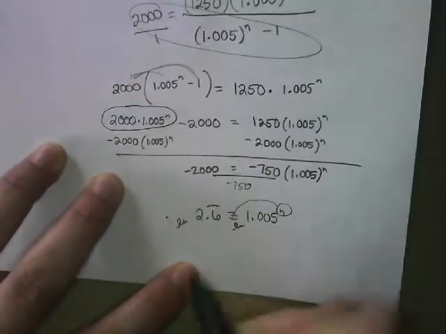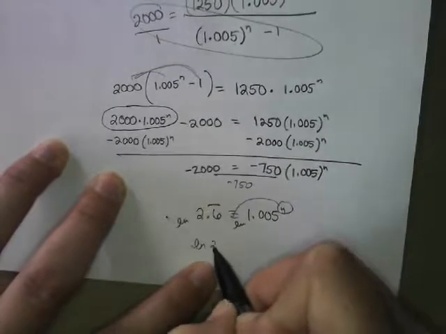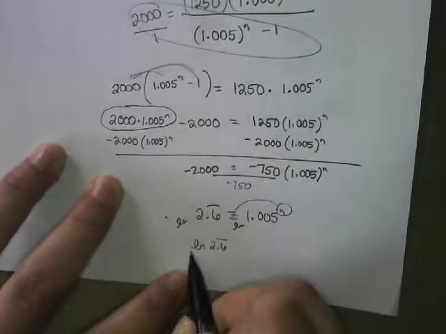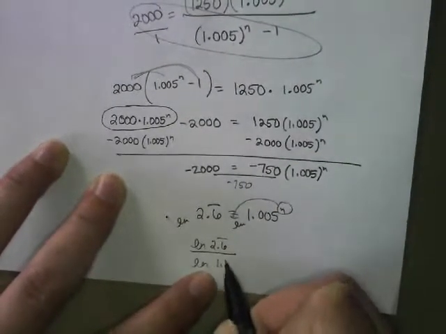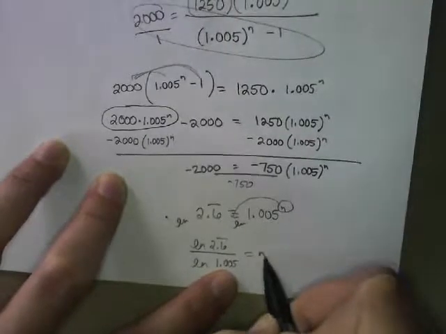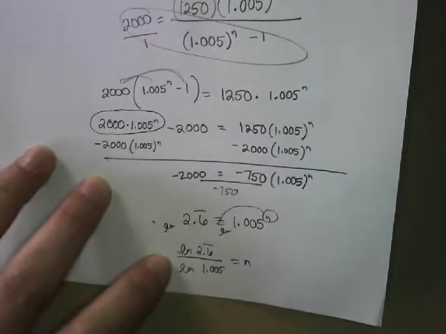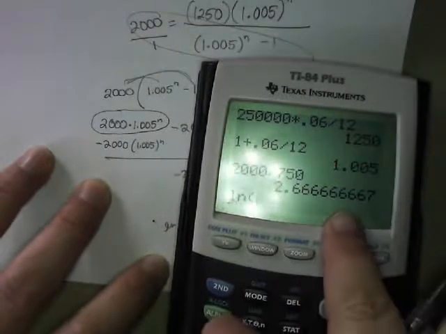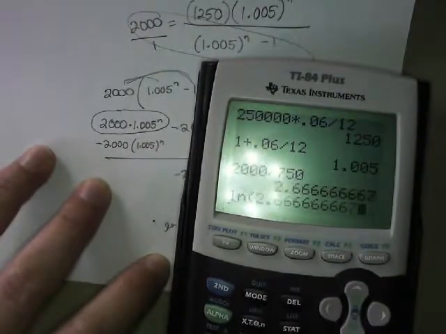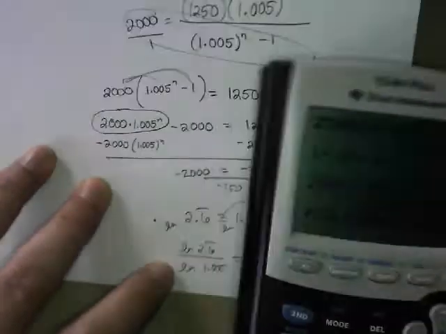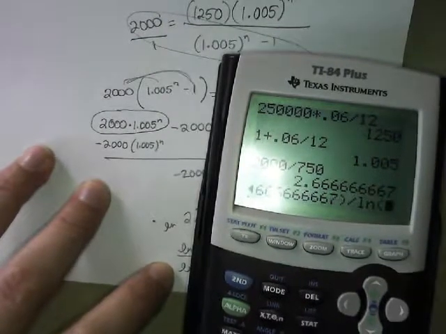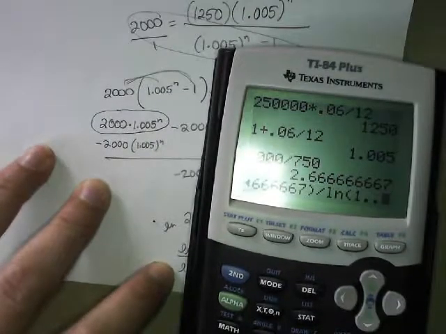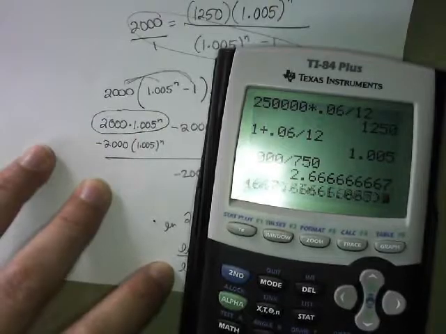And it'll end up being the natural log of 2.6 repeating divided by the natural log of 1.005, all equals n. So the natural log, again, I'm going to steal that exact value, divided by the natural log of 1.005, gives me an n of 196.